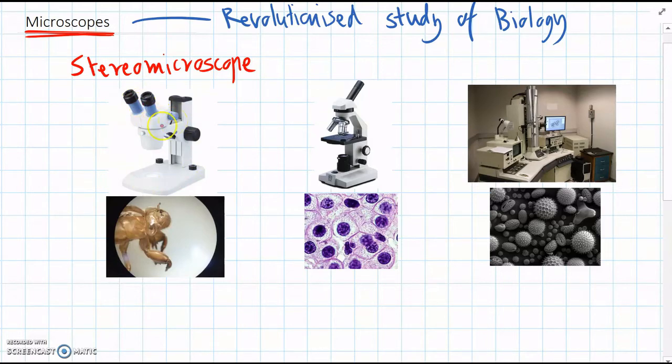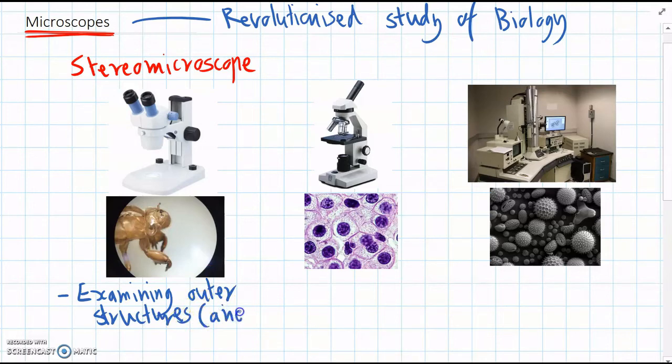These are the most simple ones. They're really used for just examining the outside of a living thing, the outer structures, which is just the anatomy.